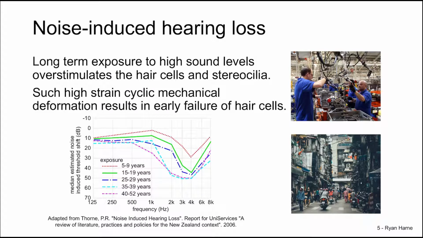This plot shows the influence of noise exposure through the 5 different curves on that same hearing threshold y-axis, although now the x-axis is in frequency. What we see is that with increasing exposure, we have a uniformly reduced capability to hear at all frequencies. But especially from about 1 kilohertz to 6 kilohertz, there's a dramatic reduction in the hearing threshold due to exposure to noise.